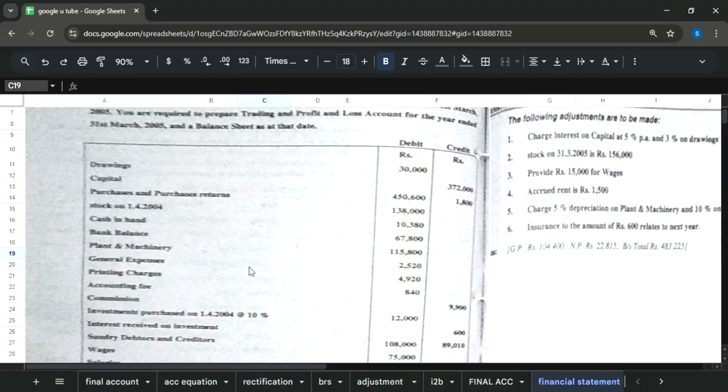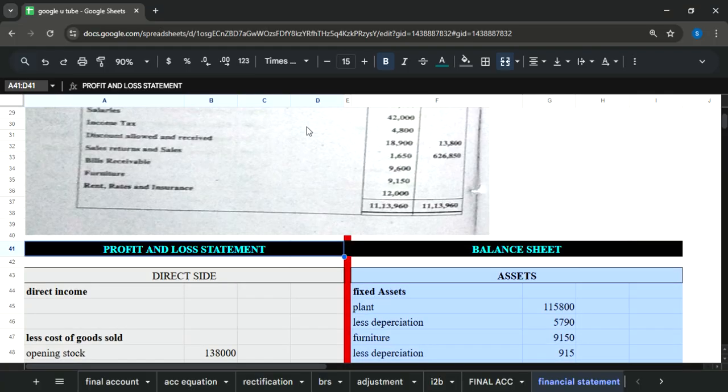Okay. After salaries, we have income tax 4800. So there are many concepts related to income tax. It can be considered as your expense, but right now you will consider, since this tax has been paid on the income which is earned by owner, that is why it would be deducted from his capital.